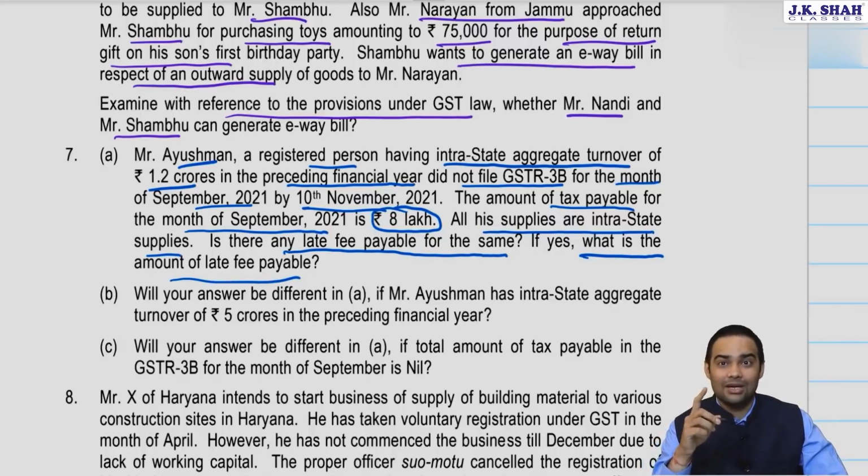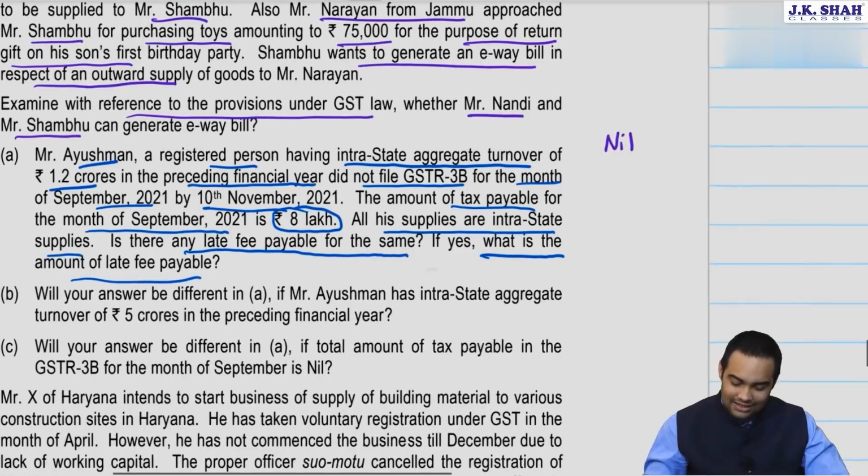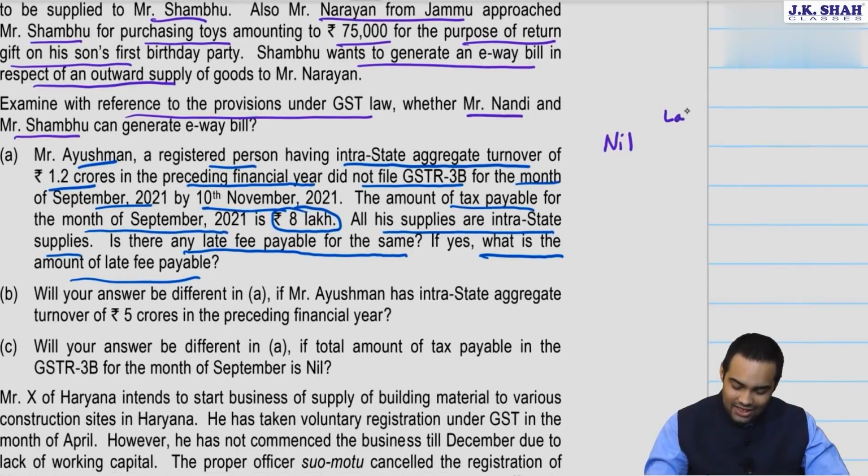And what is the amendment? In case of a person filing a nil return, the maximum cap of late fee under CGST and SGST is 250. If your last year turnover was up to 1.5 crore, the maximum cap is 1,000.